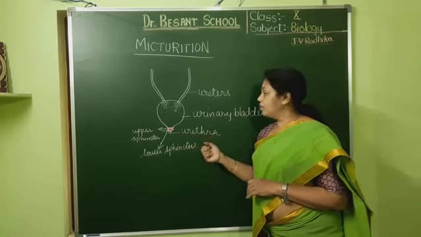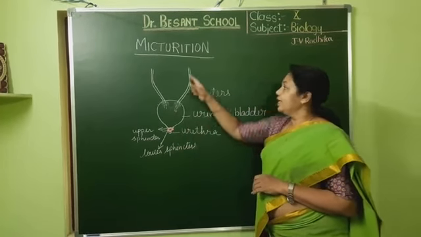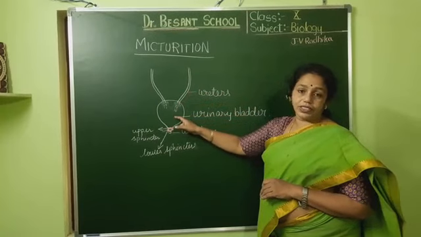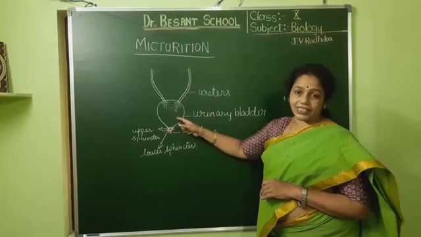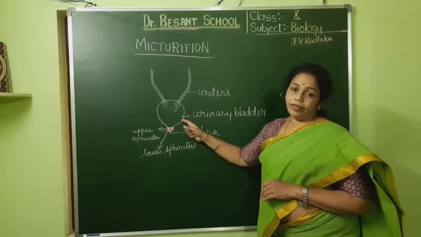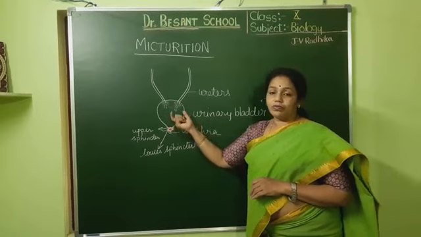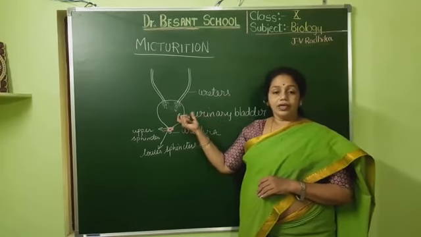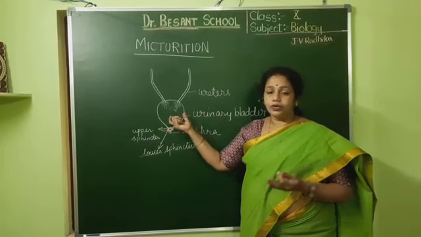Okay, children, once again I tell, the ureters would be carrying the urine into the urinary bladder, which is a sac-like or bag-like structure which can hold the urine up to 700 to 800 ml. As it fills up to 300 to 400 ml, we feel an urge for urination.